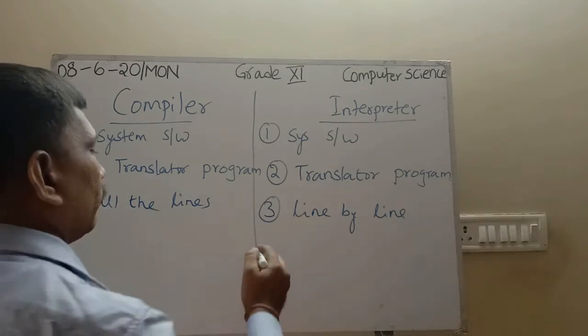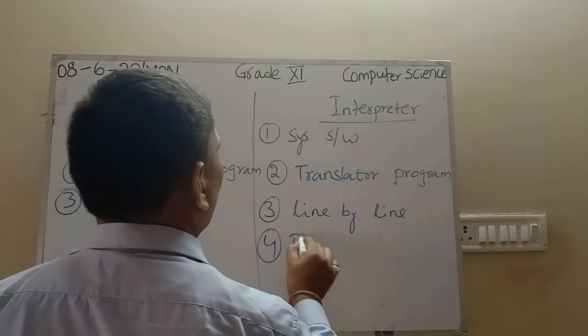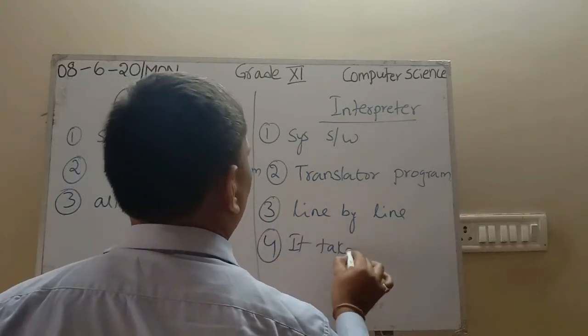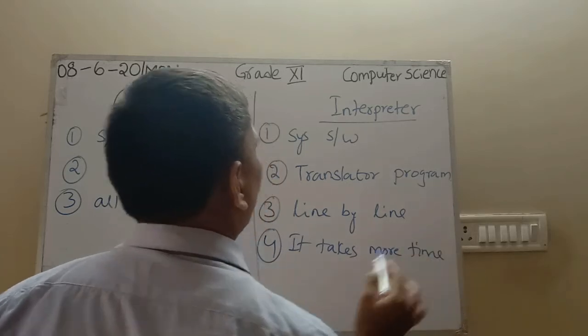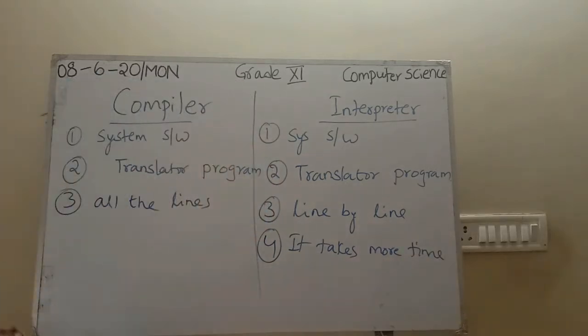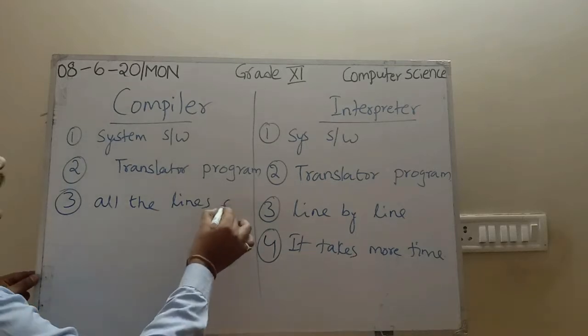The interpreter takes more time. Why? Because it converts line by line, while the compiler converts all the lines at a time.